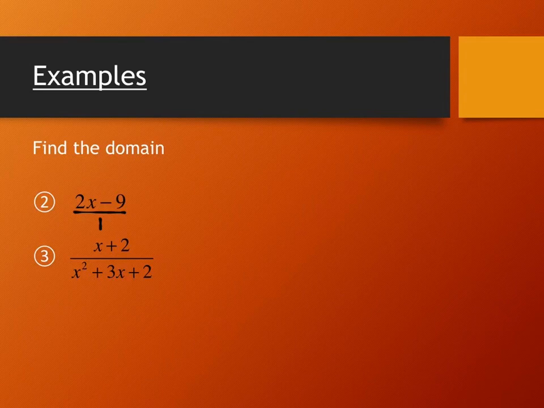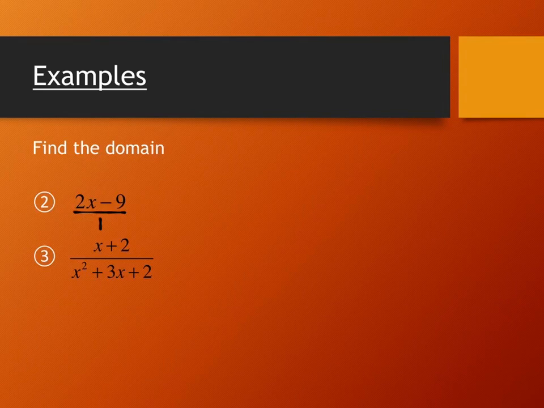Okay? So we can still approach it in the same way. We ask ourselves the question, what x value would make the denominator 0? Nothing would make the denominator 0, right? The denominator is a number, actually. It's already 1.